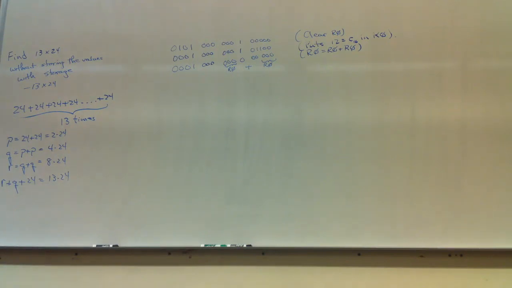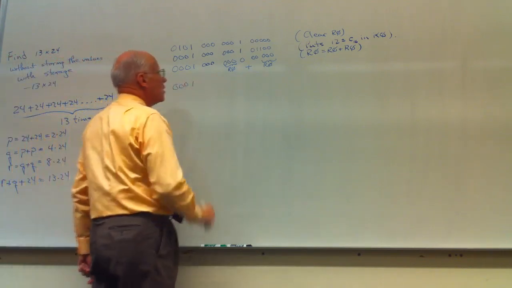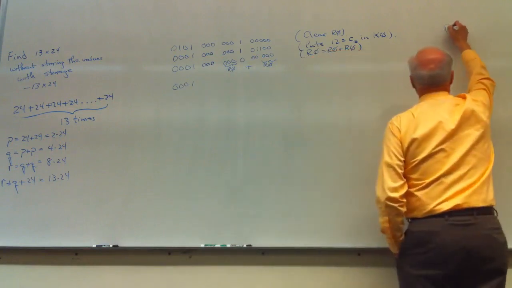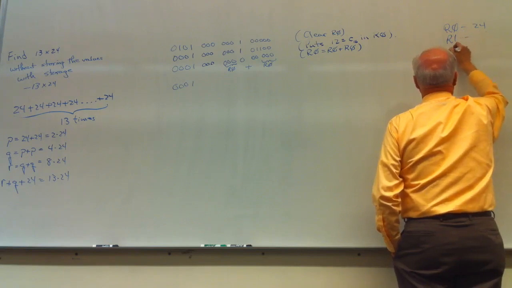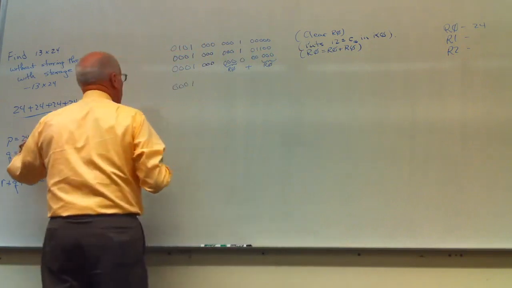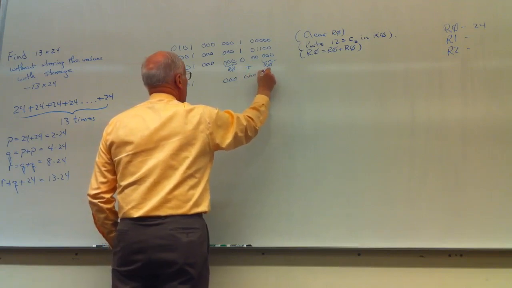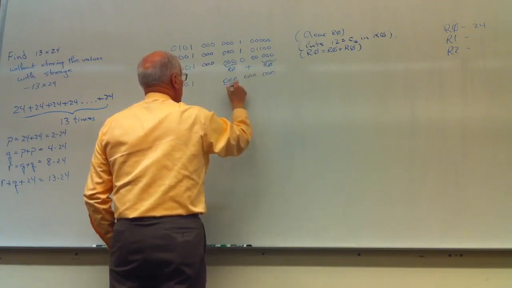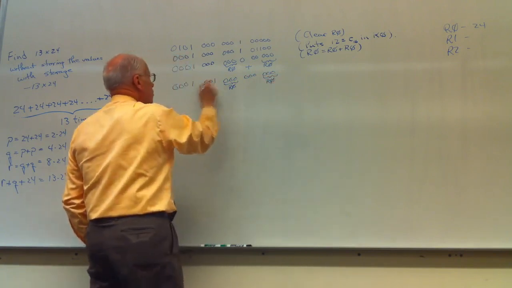Okay, I've got a 24 into register 0. Now, using this kind of strategy, I'm going to generate this P by adding register 0 to itself and put it into register 1.